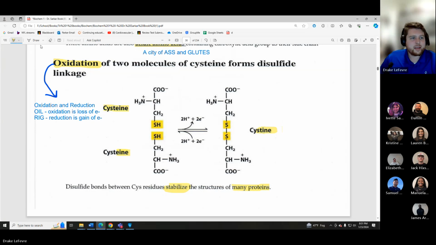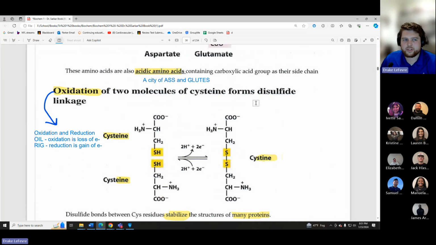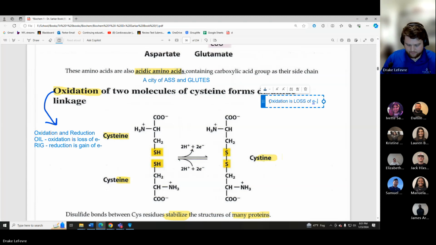Okay, so the way to remember this, oxidation is loss, reduction is gain, specifically of electrons. You can actually look at this a couple of different ways. So, oxidation is loss of electrons, or gaining of oxygen, or addition of hydrogen.